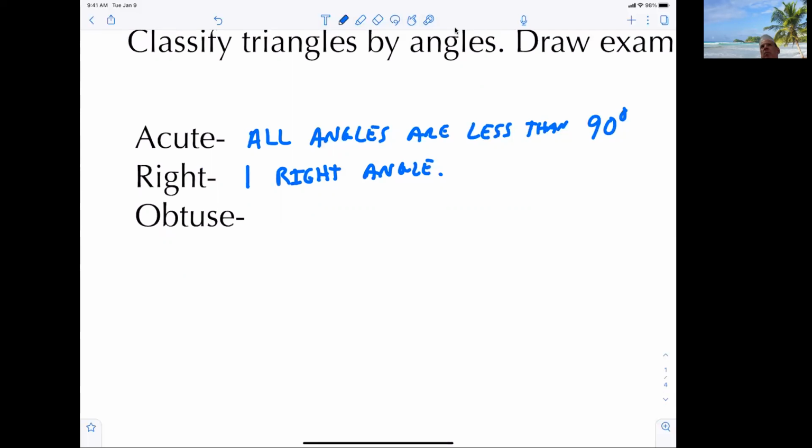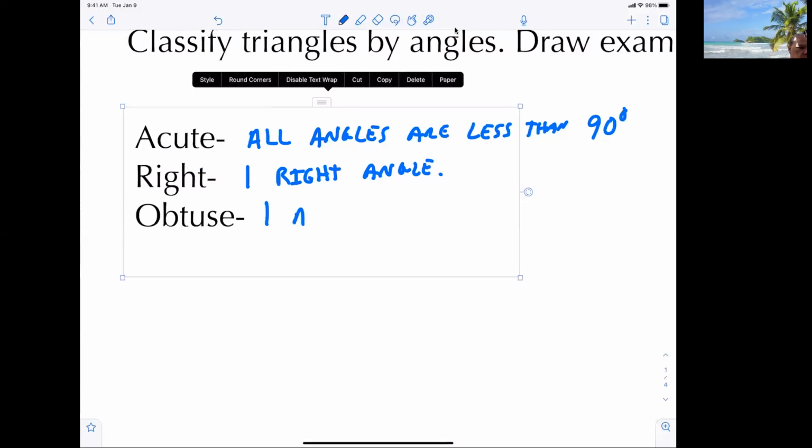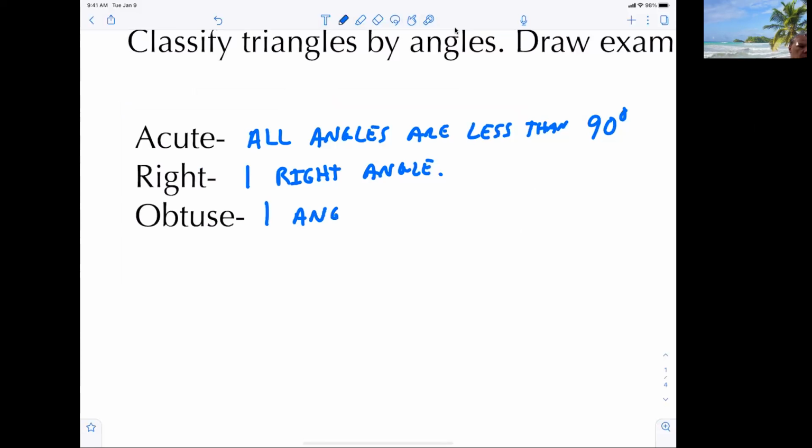Tell me, Zeb. Very smart. How many angles can be obtuse? Jolie? One, you are correct. One angle is greater than 90 degrees.